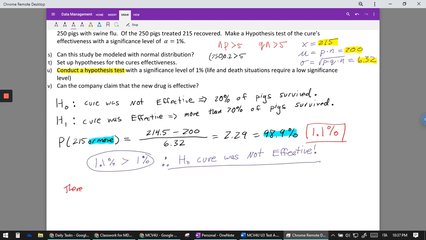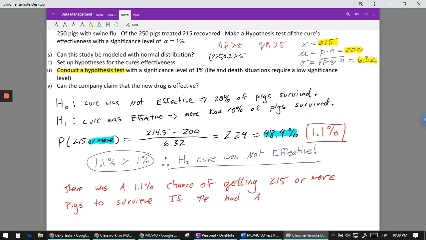There was a 1.1% chance of getting 215 or more pigs to survive if they had an 80% chance of survival.